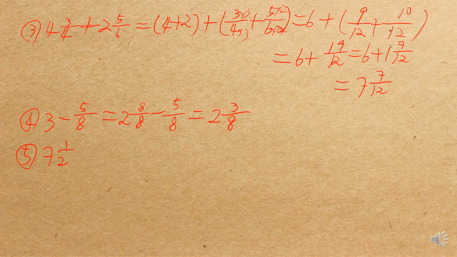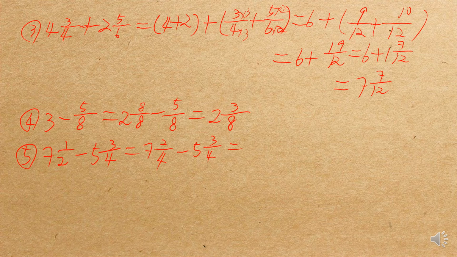Next, 7 and a half minus 5 and 3/4. We should make them with the same denominators. So 7 and 2/4 minus 5 and 3/4. But 2 minus 3 is not possible.